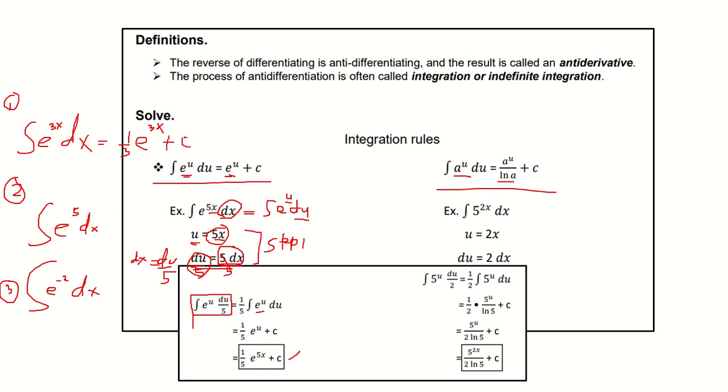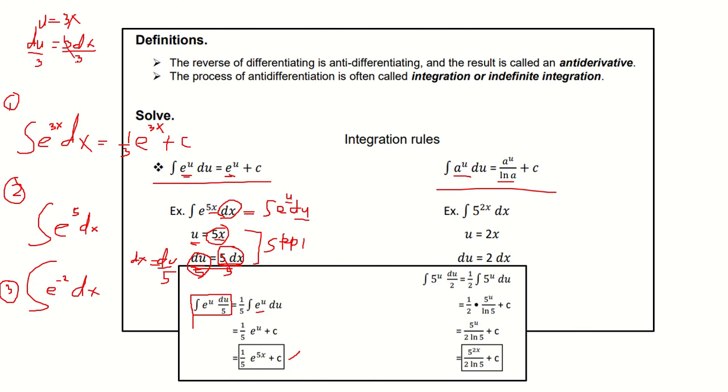So, ang u ni mo diri kay 3x. Tama na? Nya imong du kay 3dx. So, that means ang dx is dividing by 3.